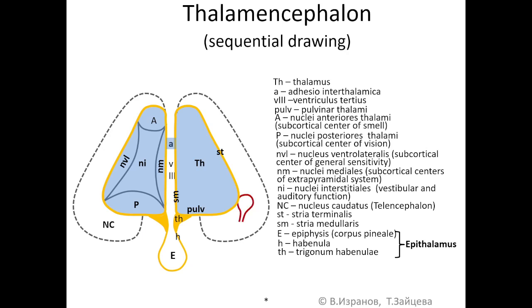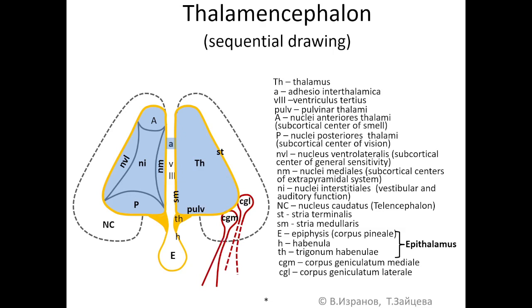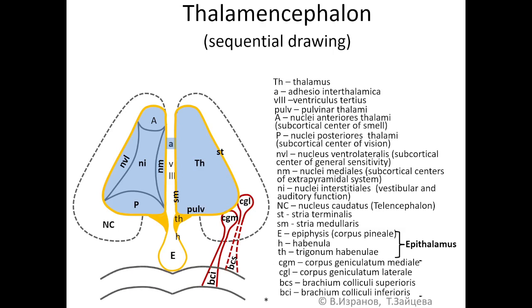And now another structures. CGM, corpus geniculatum mediale, and CGL, corpus geniculatum laterale, which are connected with BCS, brachium colliculi superioris, and BCI, brachium colliculi inferioris, with lamina quadrigemina.